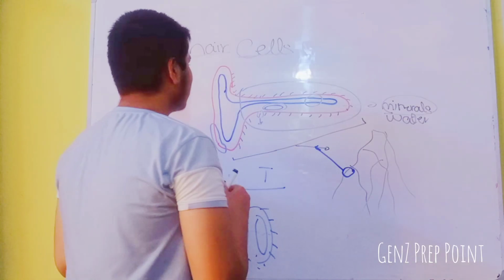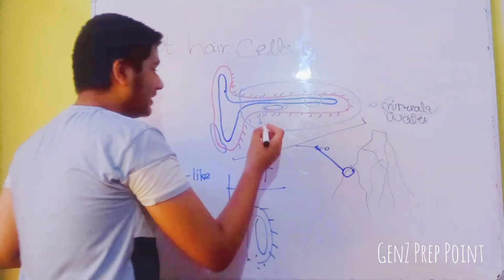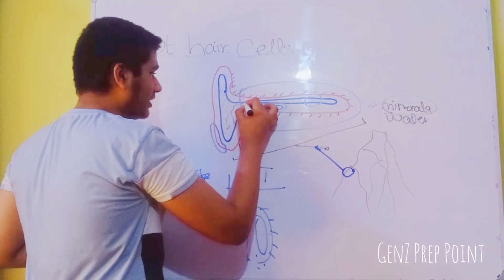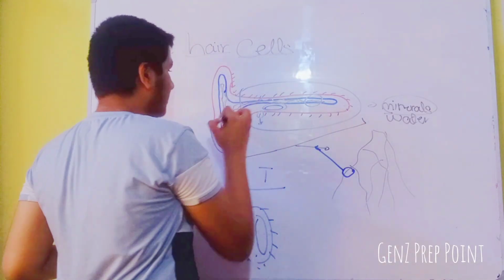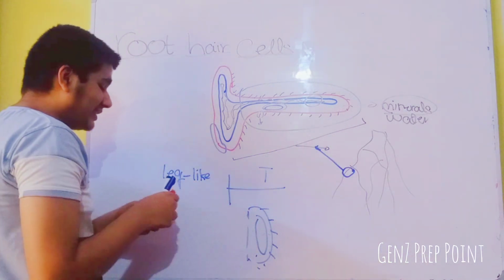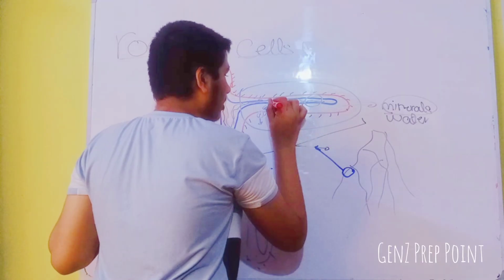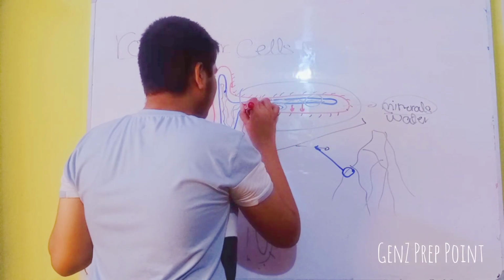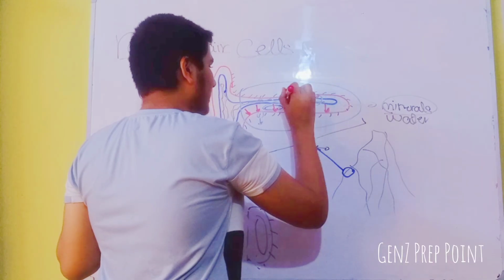Now this sap vacuole is so much bigger. It is filled with water and cell sap. This sap vacuole is exerting a special pressure on the cell wall.